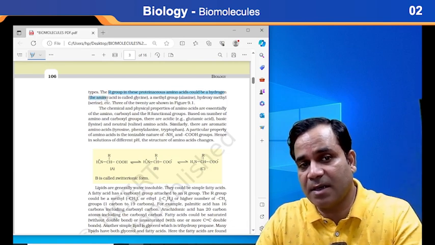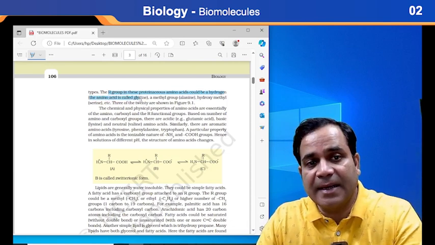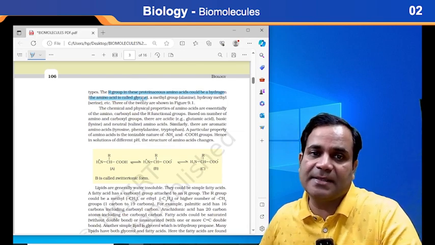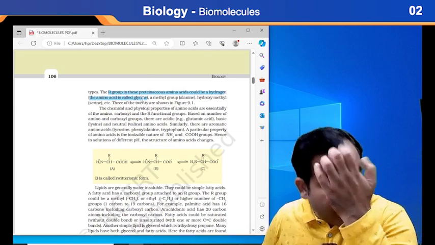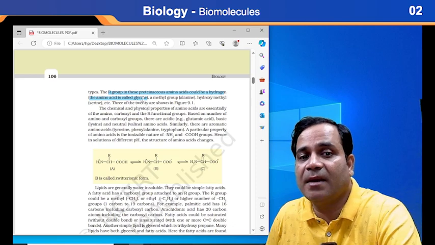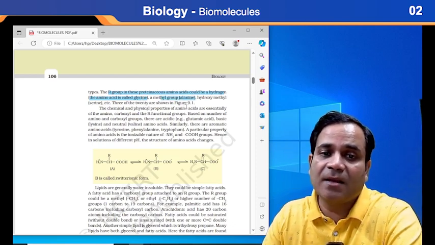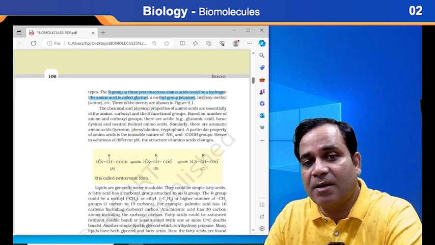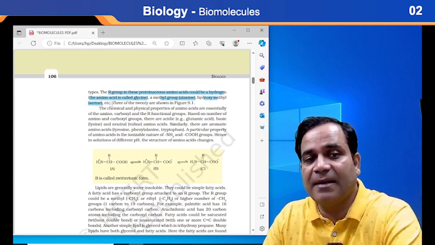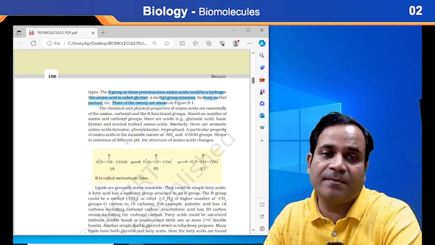It could be what? Hydrogen. The amino acid is called glycine. So there are different groups, my dear. A methyl group here. This one methyl group is known as what? Alanine. Hydroxymethyl is serine. And these 3 of the 20 are shown in Figure 9.1.